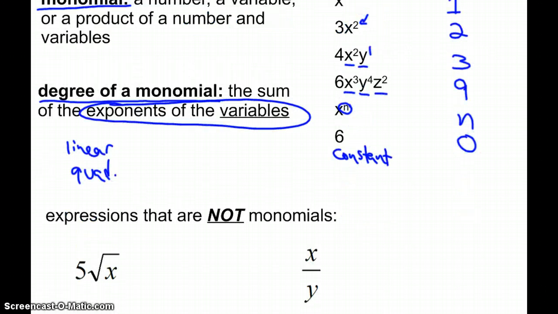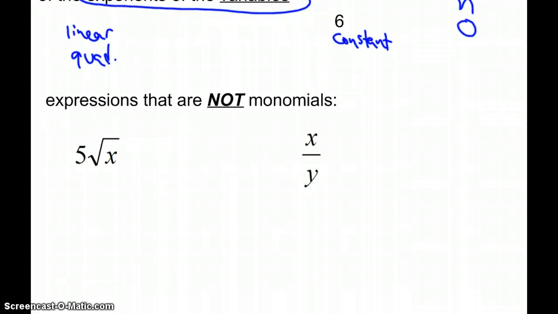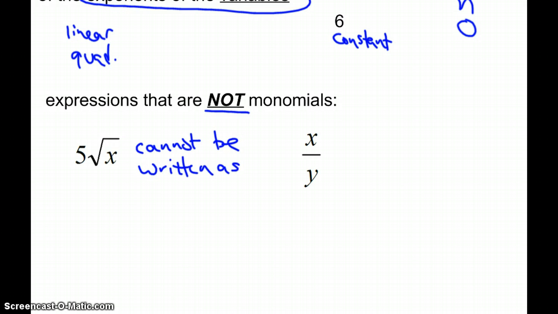Finally, in terms of expressions that are not monomials, when we start to have roots or radicals, like 5 square root of x, this is not a monomial because it cannot be written as the product of variables.